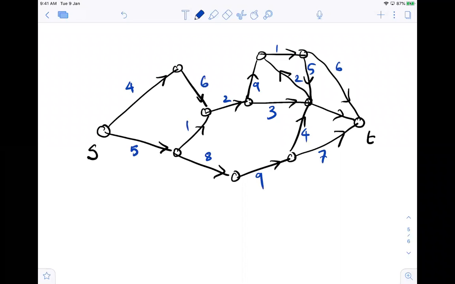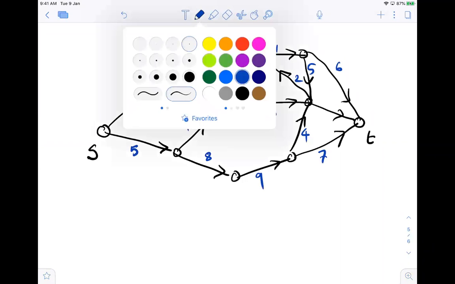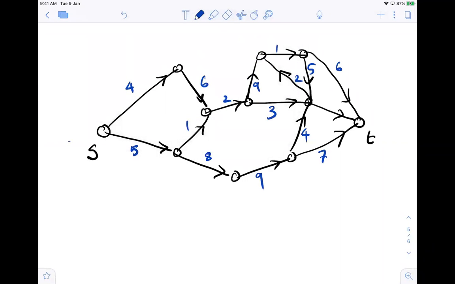And think of it this way, that these are the pipelines. Meaning this pipeline here, think of it as water being pushed into it, and water will come out of it. So you want to send water from S to T, but there is no direct pipe from S to T. There's a network of pipes that goes through various stations.